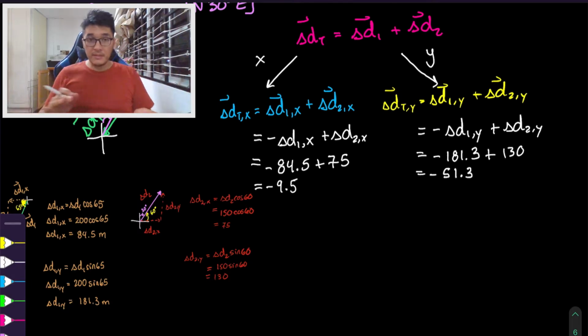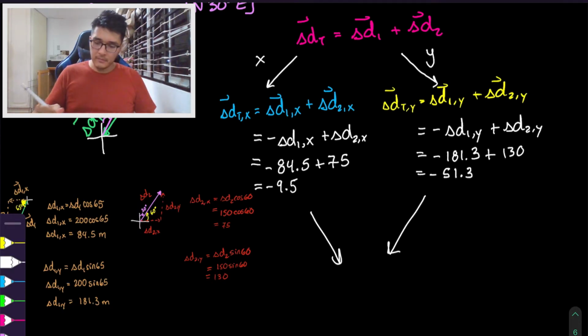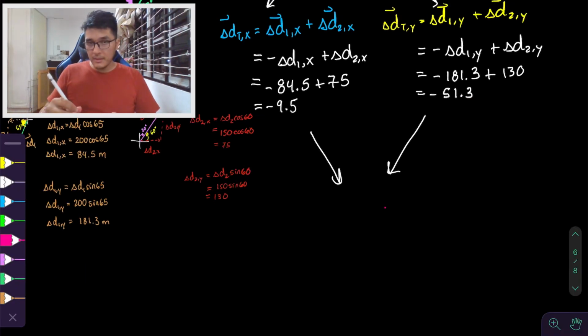Okay, so I just made this small, so it was getting in the way. So you see, once we have our total displacement along the x, and our total displacement along the y, we have the pieces of the vector itself. So we're going to try to put those pieces back together. The x part, since it's negative, points to the left.